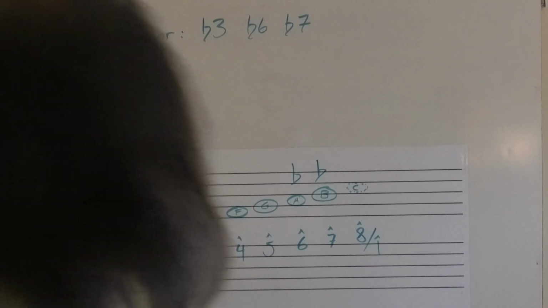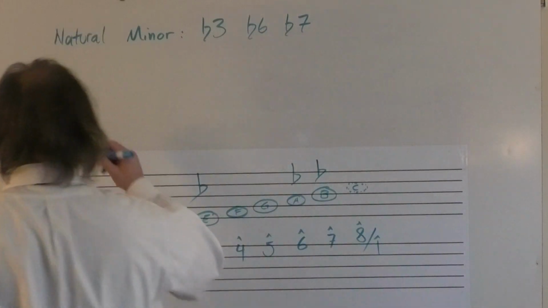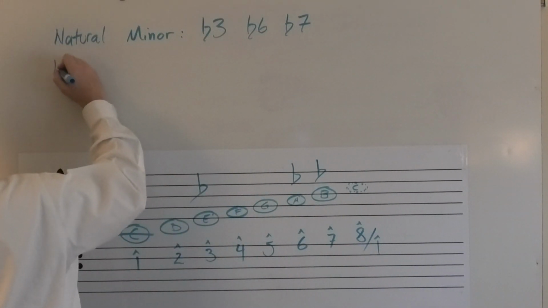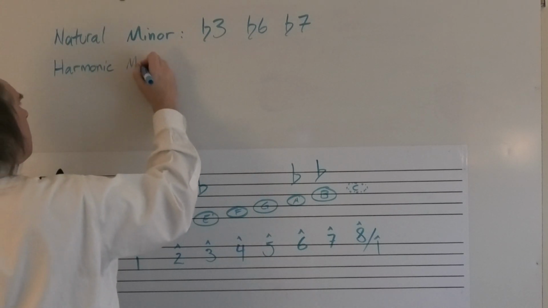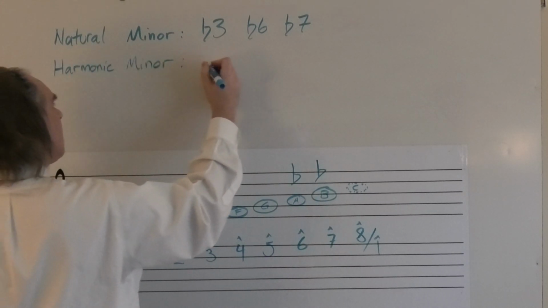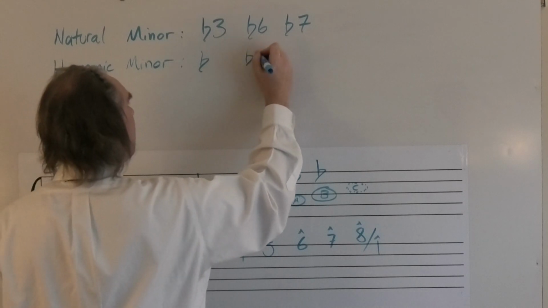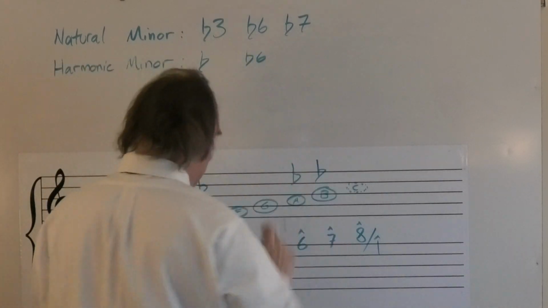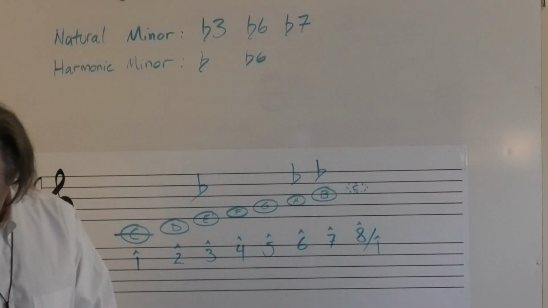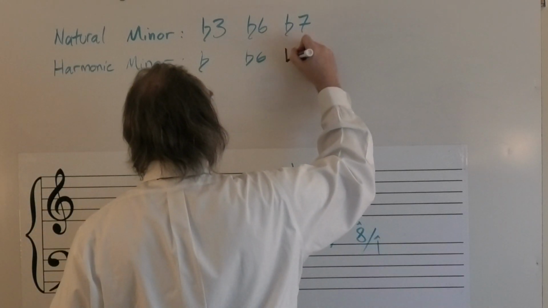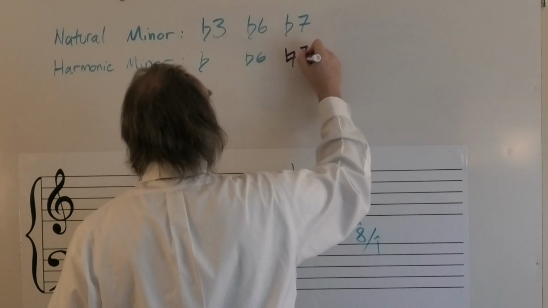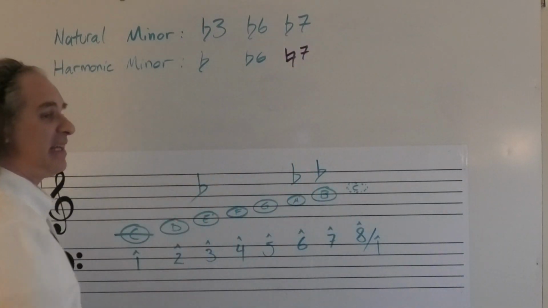The harmonic minor has a flat 3, a flat 6, and a natural 7. Okay, that's your leading tone.